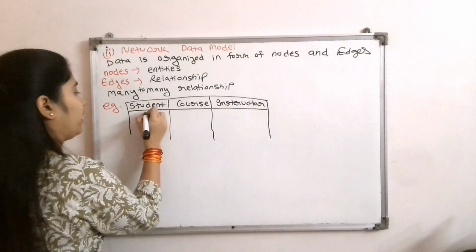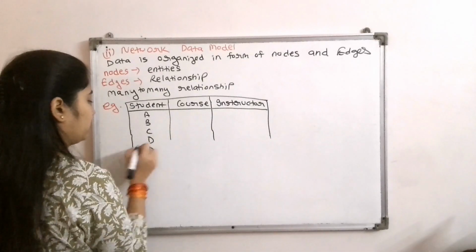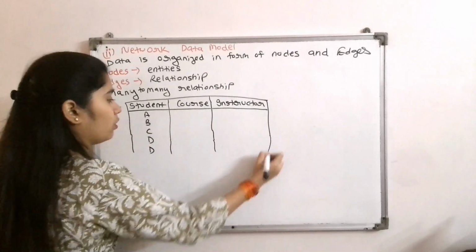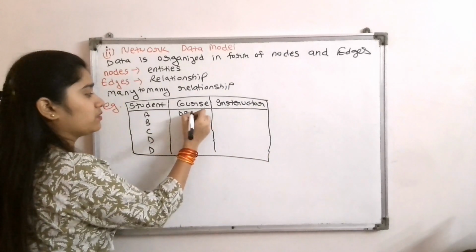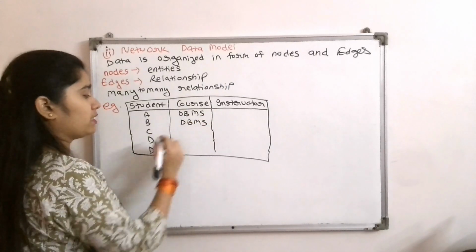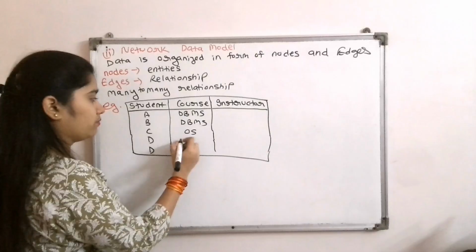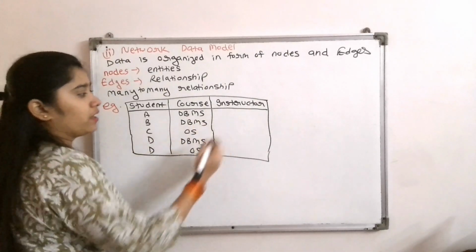Here, suppose student we will have as A, B, C, D, and again D. And in course, suppose we are having DBMS, DBMS again, OS, DBMS, and again OS.